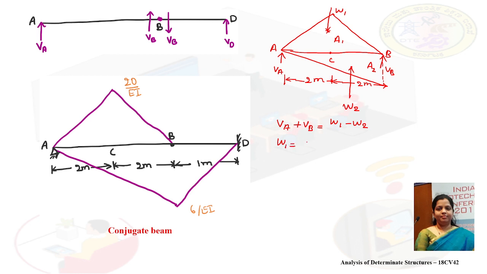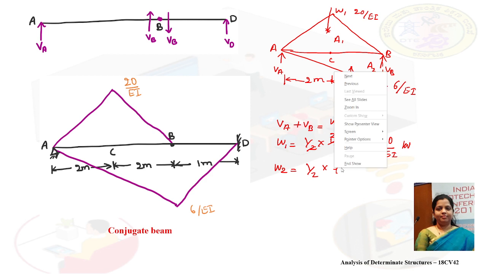So W1 will be equal to half into base is 4, height is 20 by EI. This is 6 by EI. It works out to be 40 by EI kilonewton and W2 is half into base is 4 into height is 6 by EI.